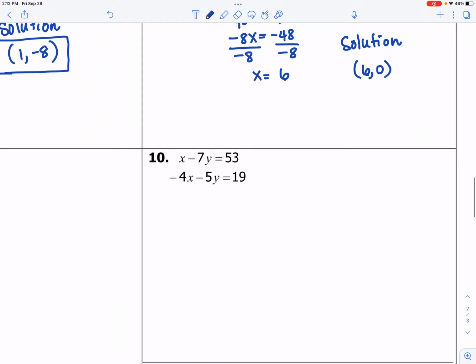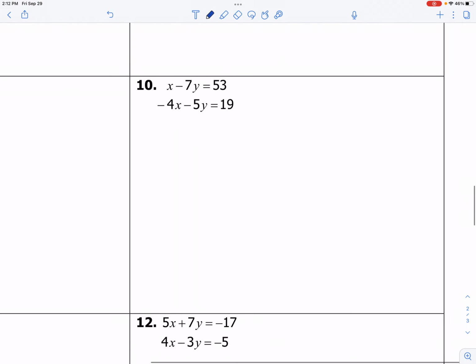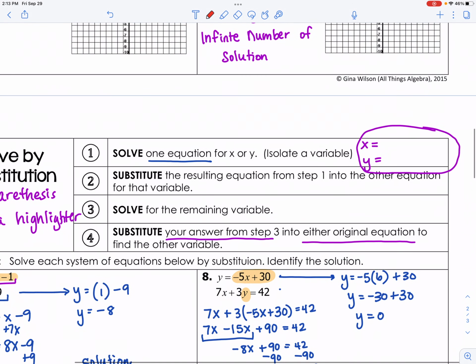Let's go ahead and jump down to number 10 here. And I wanted to do this one because if we're looking at both of these equations, notice how nothing is solved for me. I then need to make the choice of what to solve for. So when we're solving one equation, we want to choose the easiest variable to isolate.